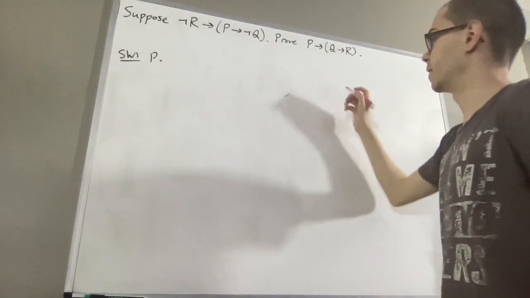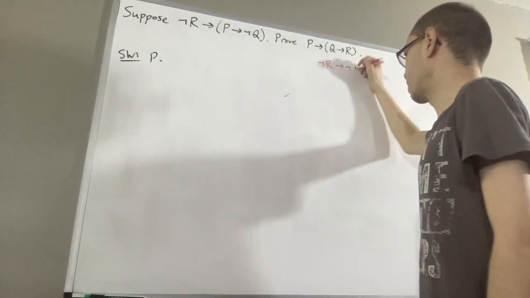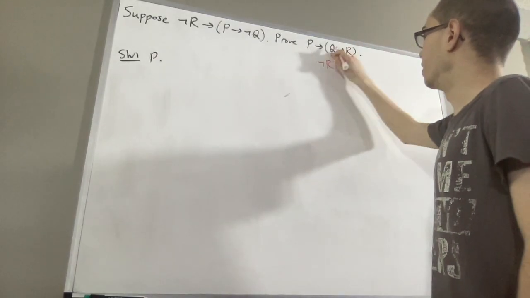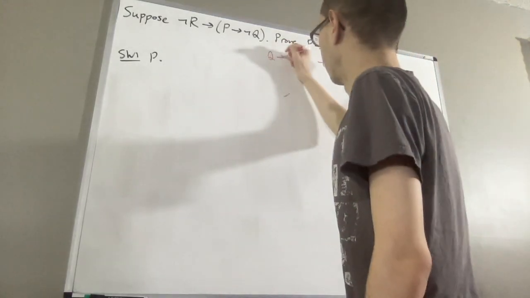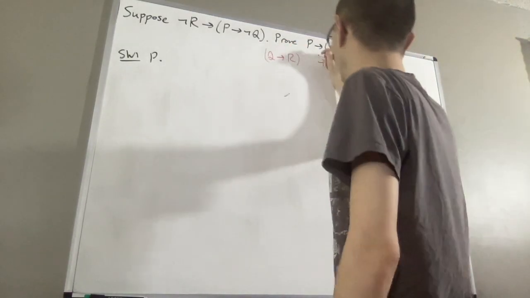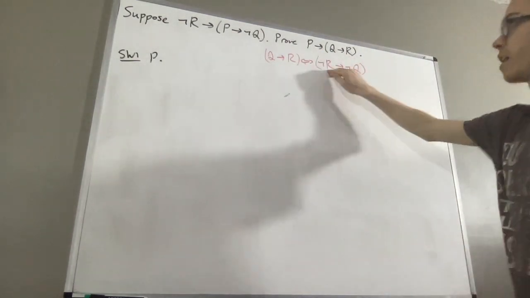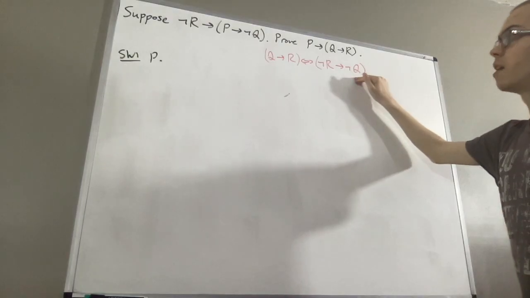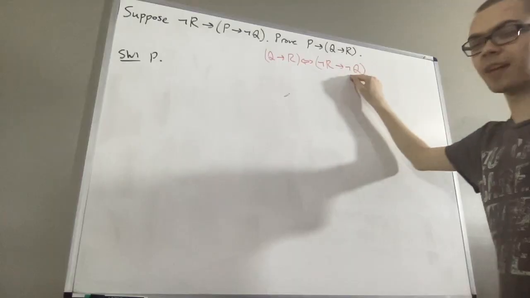The contrapositive is the statement if not R, then not Q. These two statements are logically equivalent. So if we can demonstrate that this statement is true, then that tells us that this statement must be true. So let's try to prove that this statement is true.